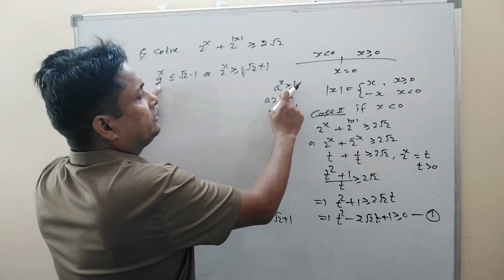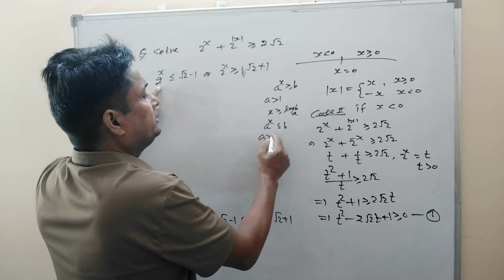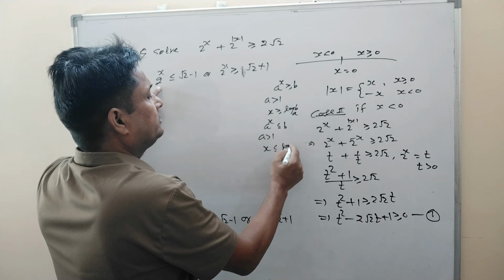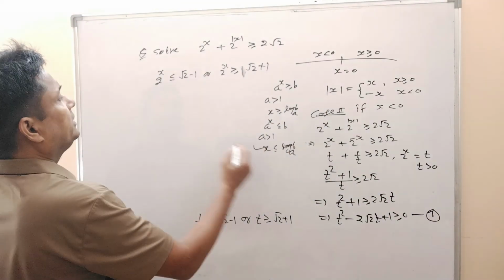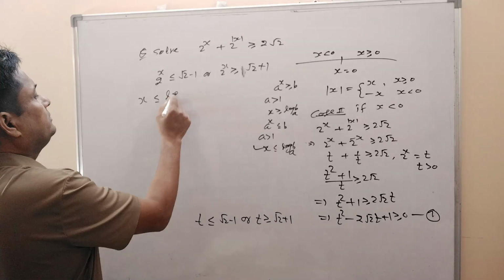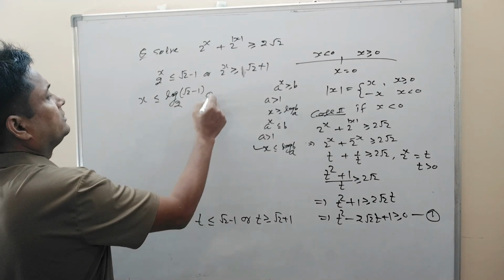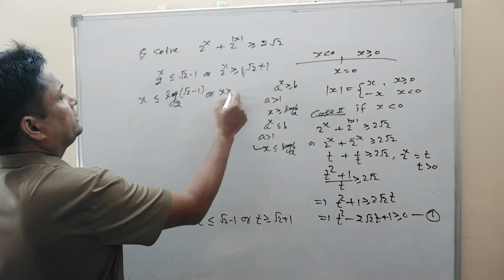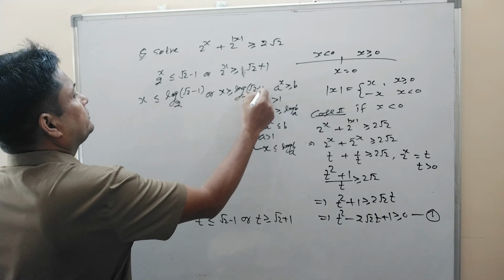And if the inequality is a to the power x less than or equal to b and a greater than 1, then x will be less than or equal to log of b base a. Right? So you can apply this property here. So x will be less than or equal to log of root 2 minus 1 base 2, or from here x greater than or equal to log base 2 of root 2 plus 1.